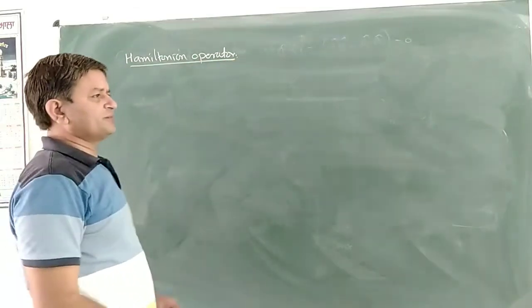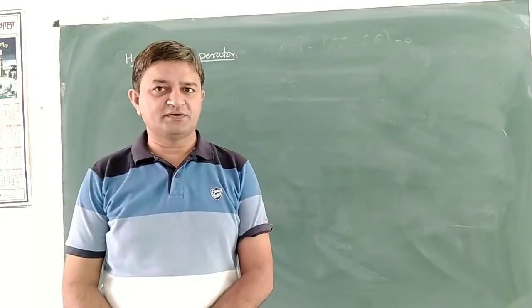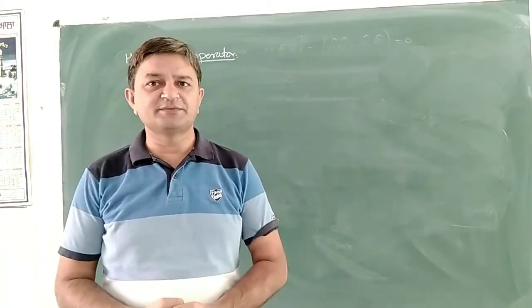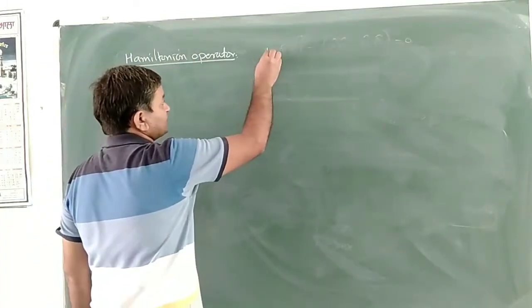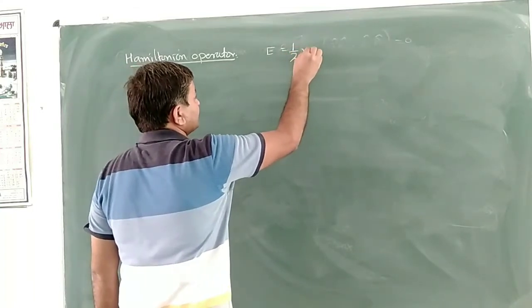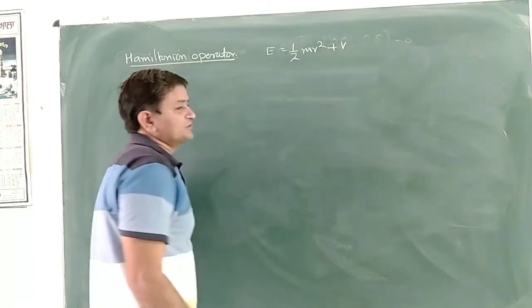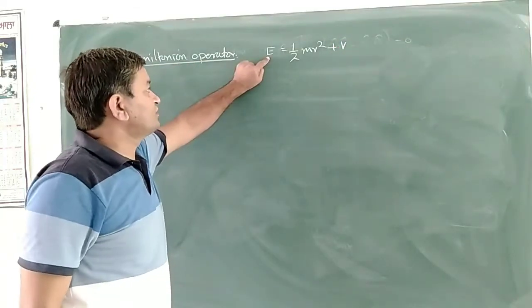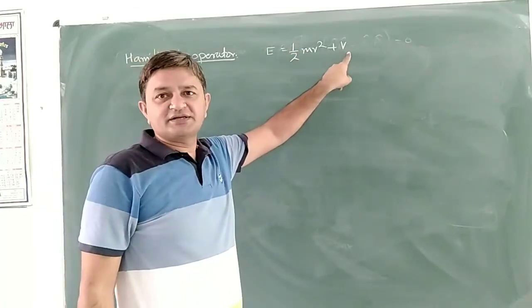If we talk about the Hamiltonian operator, let's say we have a system, for example an electron. The total energy of the system is equal to the kinetic energy plus the potential energy of that system.